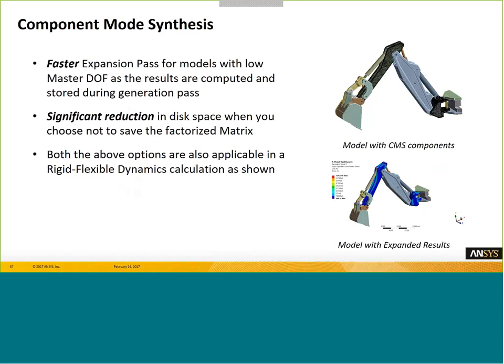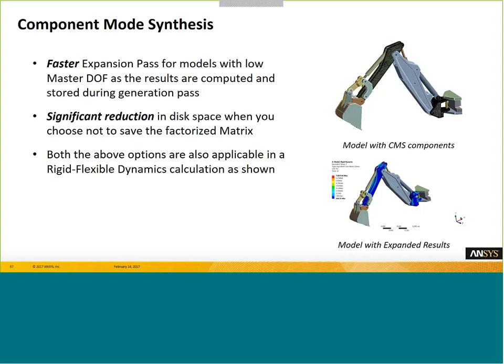So component mode synthesis. This is the ability to take a full 3D solid meshed part and condense it down to a super element, and then carry out a dynamic analysis. So the solve here is almost as quick as if it's a completely rigid model. We sped up the process of going from the super element to the full 3D model for results processing.